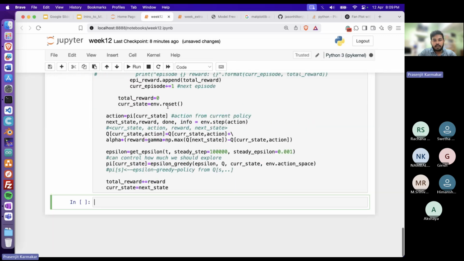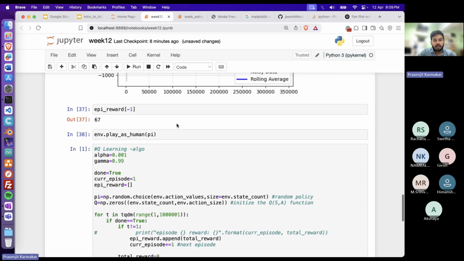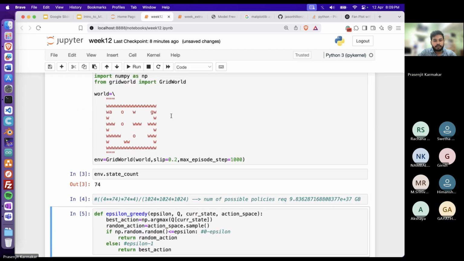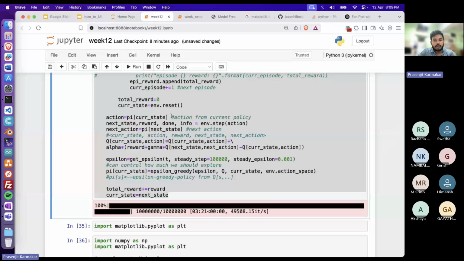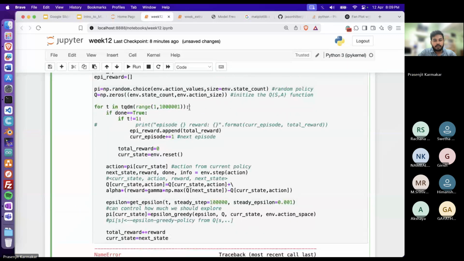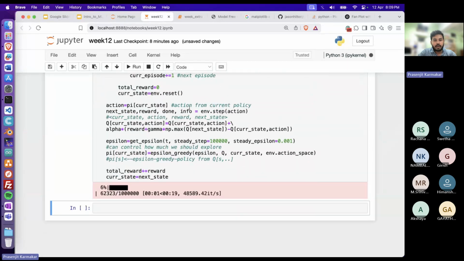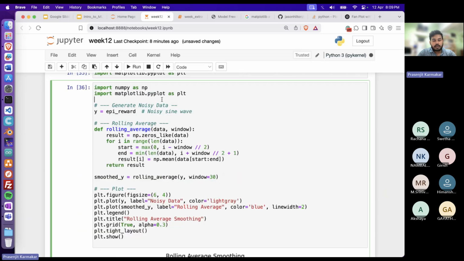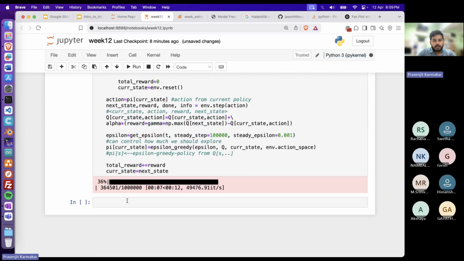So if I just run this, np is not defined, so I have to import it. Everything else is the same. Okay. Now I'm only going for 10 lakh iterations. And also let's get this here.